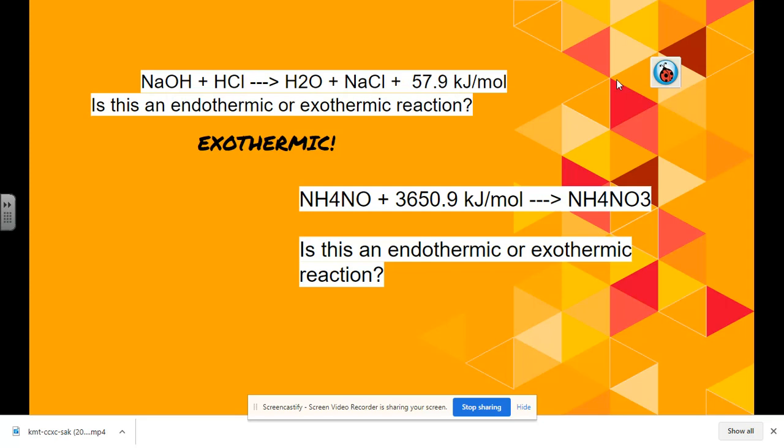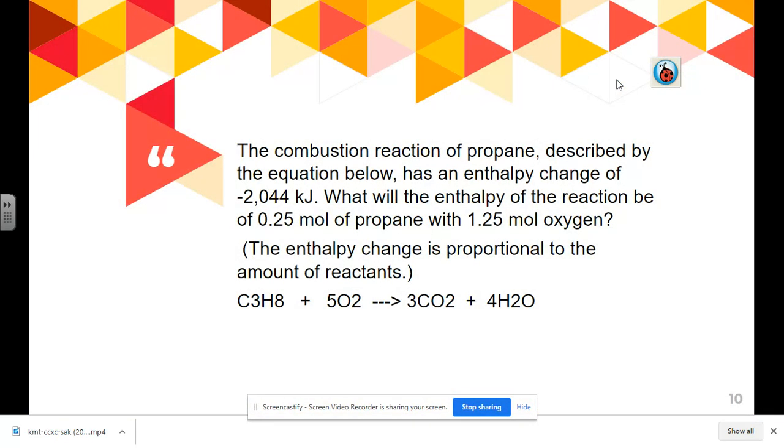It's on the left side of the equation. It's a reactant. It has to be there as a starting substance. You have to have energy to start the reaction. So is that considered endo or exothermic? Endothermic. If you see the kilojoules on the left side of the equation, it's going to be endothermic.